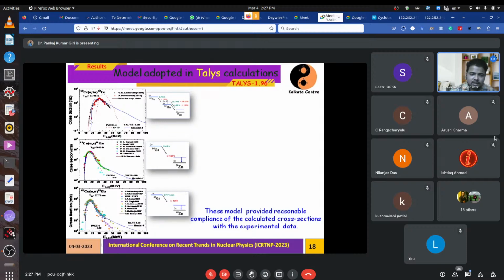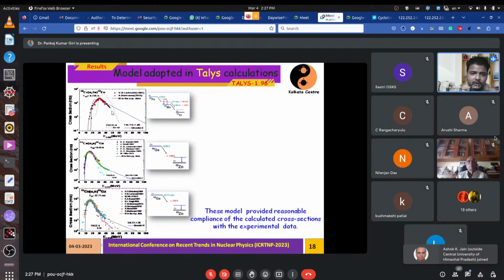The maroon line is basically the best fit of the experimental data suggested by IAEA, and these blue lines are our model prediction with TALYS. We can see that our model prediction is giving much better results than the other models which are only considering the compound nuclear process.